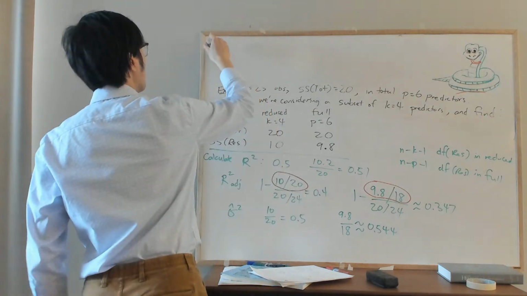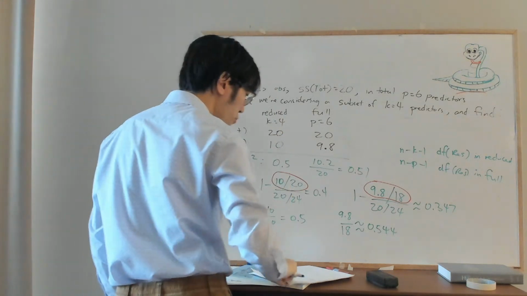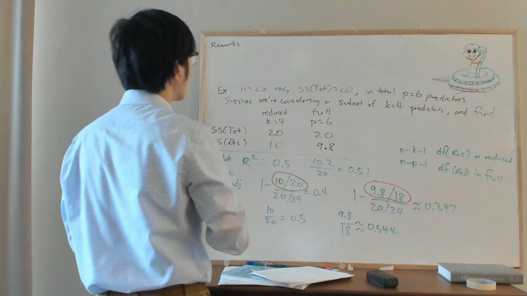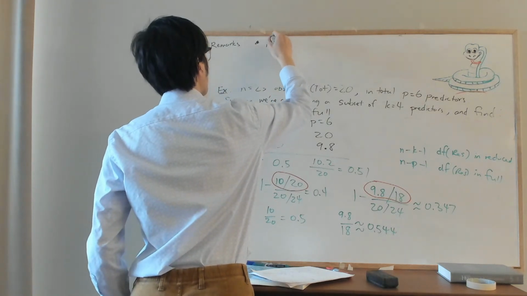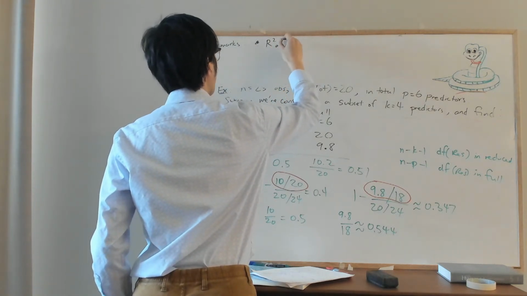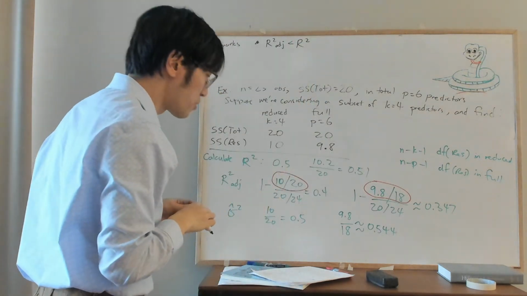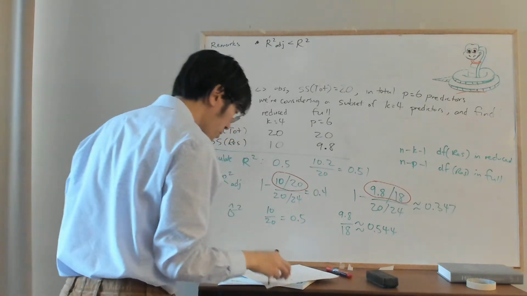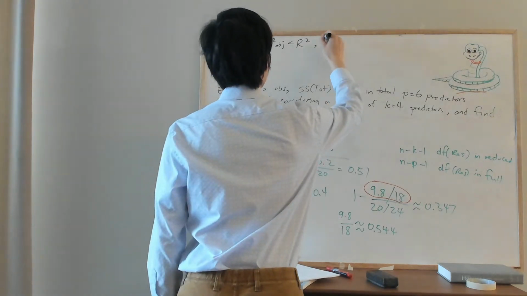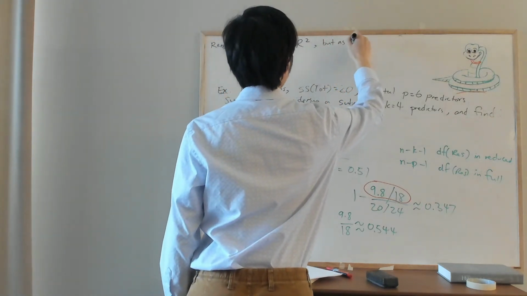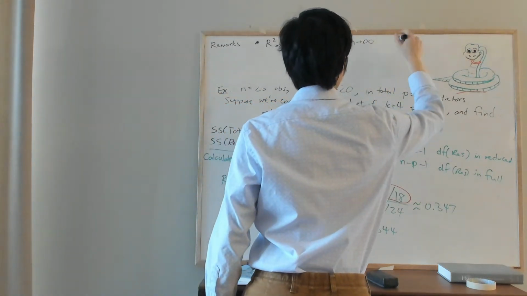Okay, so let's make a couple of remarks. The first one is what I sort of said verbally before. R squared adjusted, as we showed, is going to be less than R squared because of the penalty for the number of variables we include. But if we have a whole ton of data, so as n goes to infinity, it's going to converge.